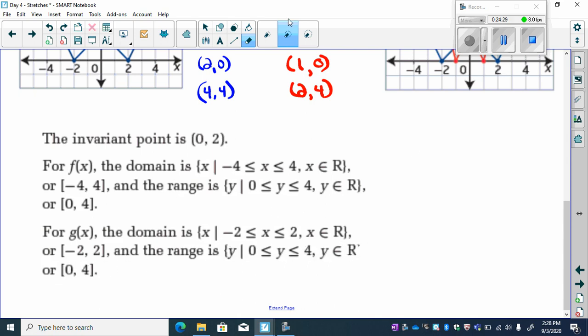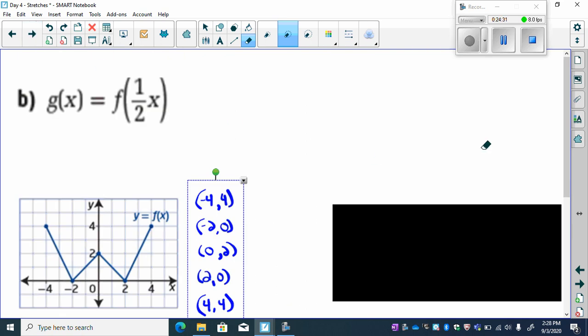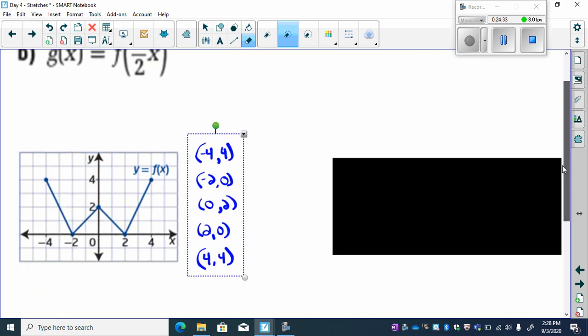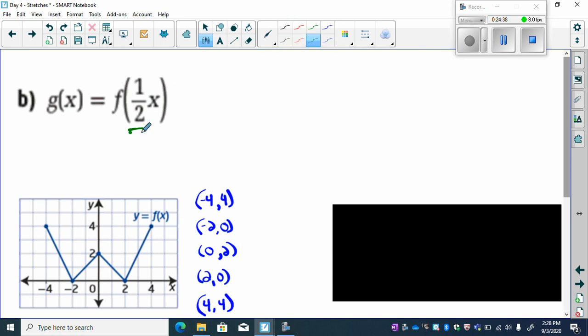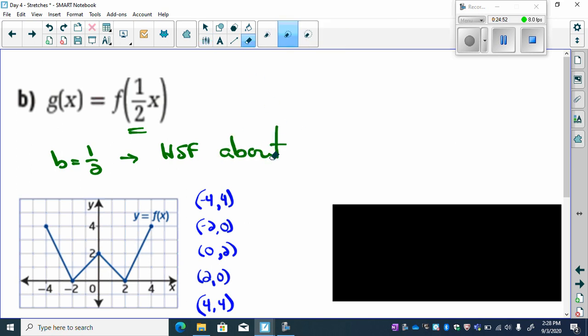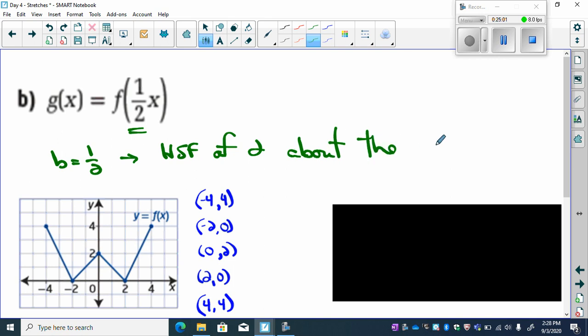Okay, so there you have it. And perhaps you can try this one on your own or check the notes in the Teams app. I have this one complete as well. I will just go through one thing. Here's an example where your b value is 1/2. That's what you get from the equation. That means your horizontal stretch factor is 2, the reciprocal of 1/2, about the y-axis.